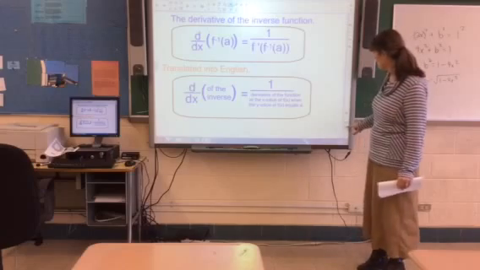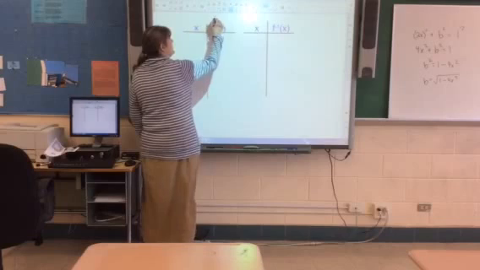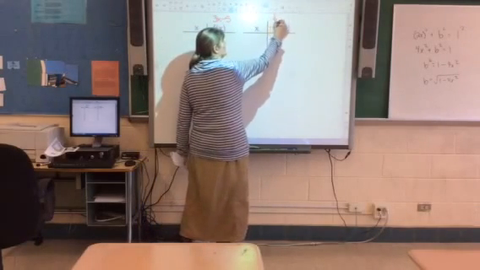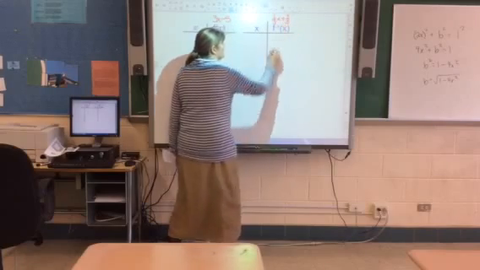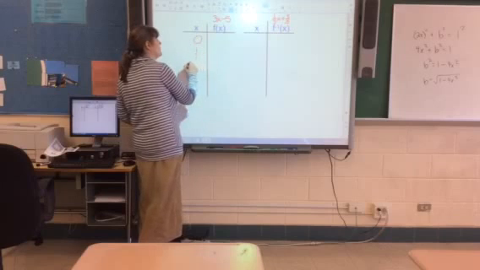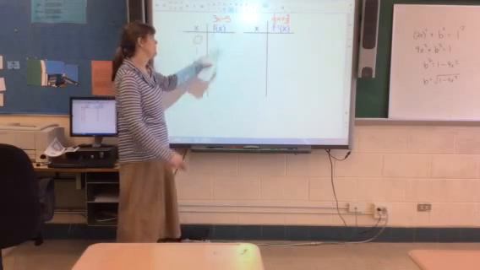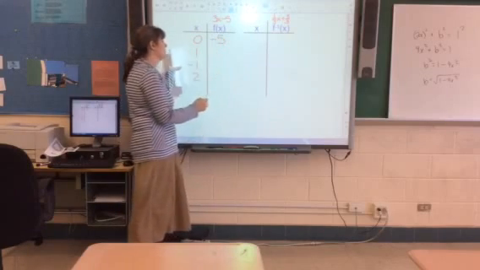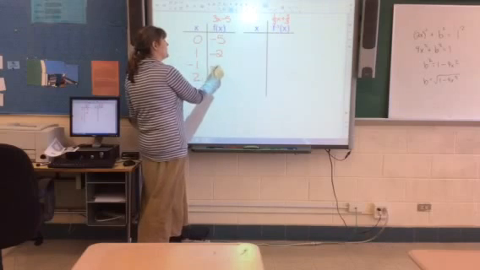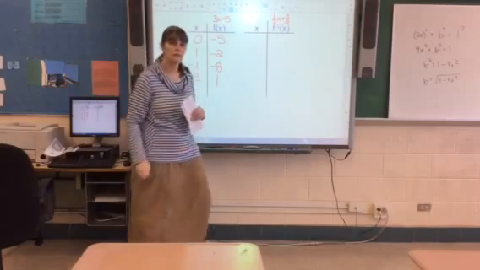So a couple things. We can pick on our 3x minus 5. That was f of x, and its inverse was 1/3 x plus 5/3. Let's pick some numbers for the domain. Suppose we had 0, 1, -1, 2. If I plug in 0, I get out -5. If I plug in 1, we get out -2. Plug in -1, I get -8. Plug in 2, I get out 1.